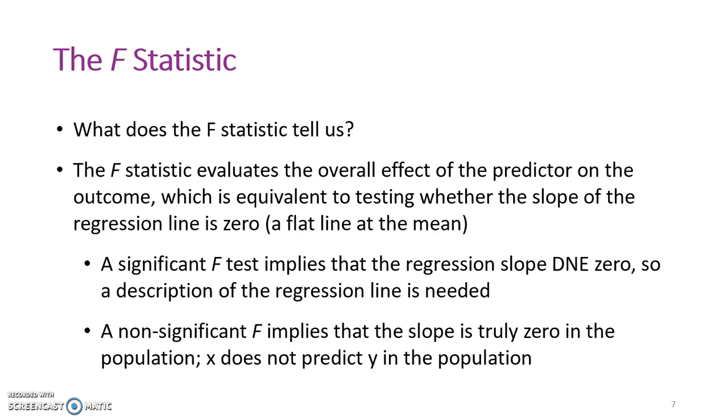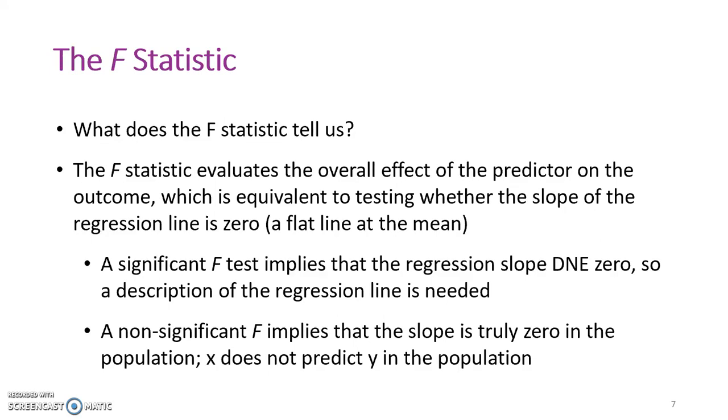Now let's turn to the F statistic. What does the F statistic tell us? Essentially, the F statistic in simple linear regression tells us the overall effect of the predictor on the outcome. And this is analogous to testing whether the slope of the regression line on the plot is 0, if it's a flat line at the mean.